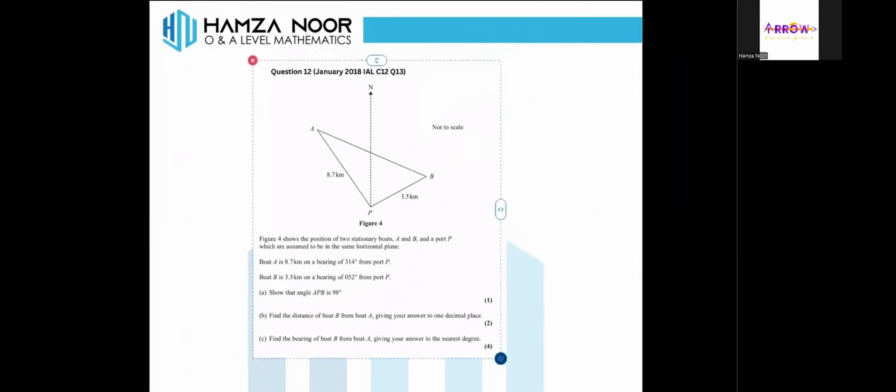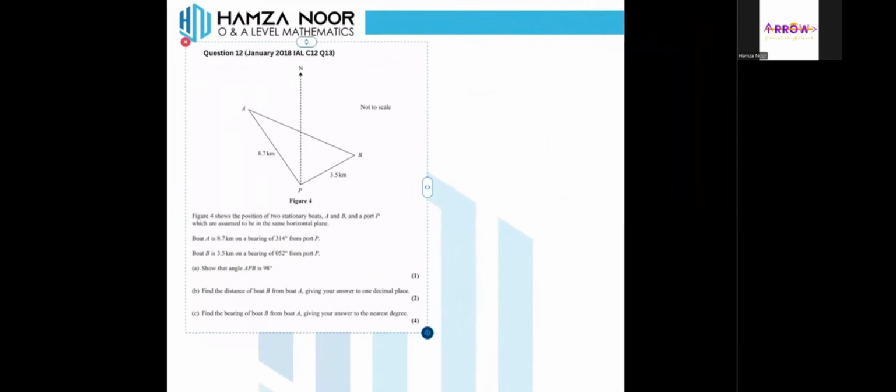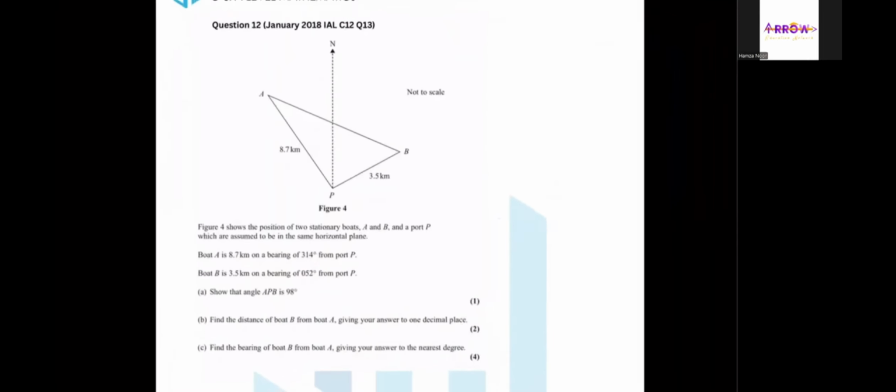Now we have question number 12 of the handout, which is January 2018 C12 question number 13. The question says that figure 4 shows the position of two stationary boats A and B and a port P, which are assumed to be in the same horizontal plane. Boat A is 8.7 kilometers on a bearing of 314 degrees from port P. If you make a north at port P, this is a reflex angle 314 degrees.